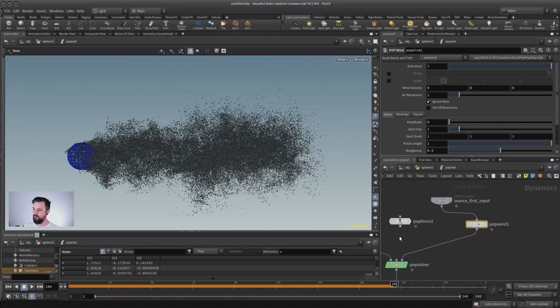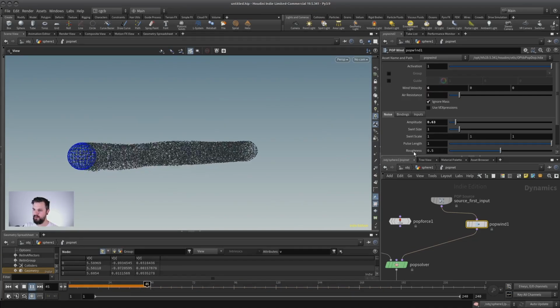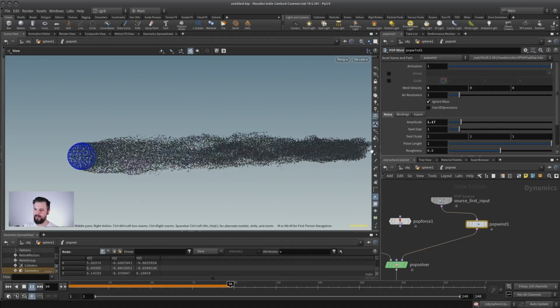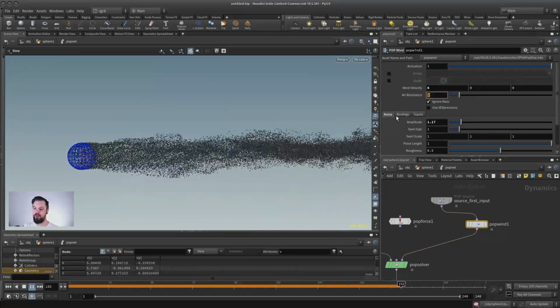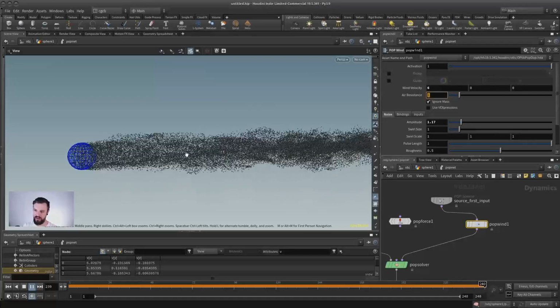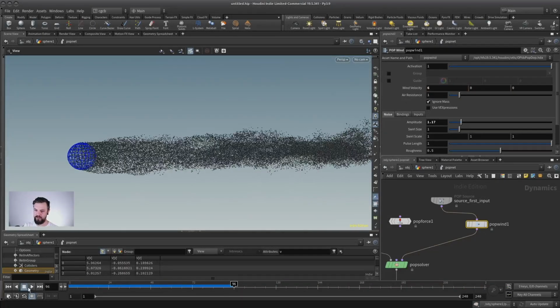But if you turn off the pop force and put in a number here, like 600, and maybe add a little bit of noise, classical wind behavior, then here the air resistance means how quickly do those points try to reach those speeds that we set here. And I can prove that to you by increasing the air resistance.